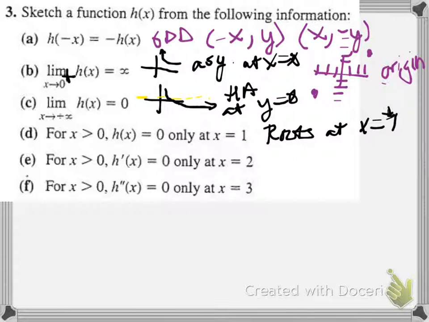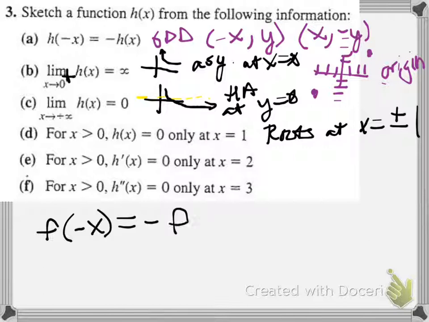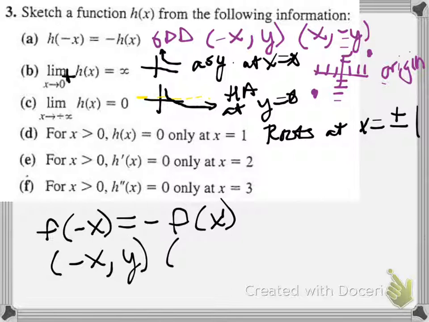Let me see if I can fit an explanation over here. Plus or minus 1. So remember, for an odd function, for every negative that we put in, the entire thing becomes negative. Or as I showed you at the top, for every negative x, y, there is an x and negative y.